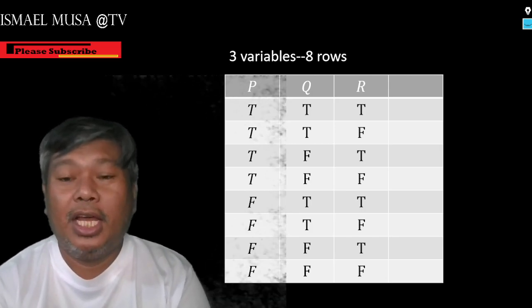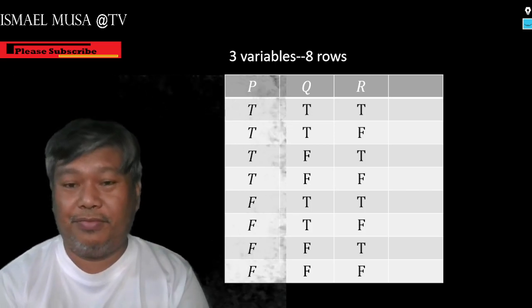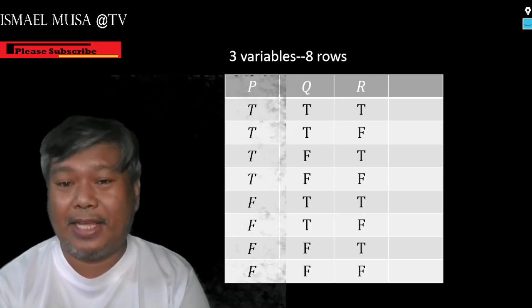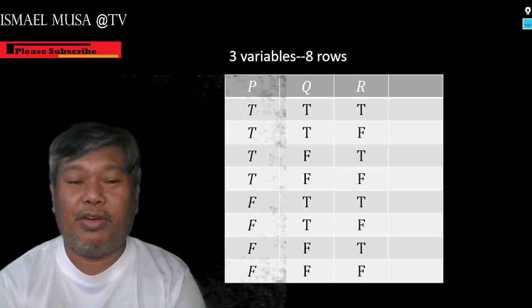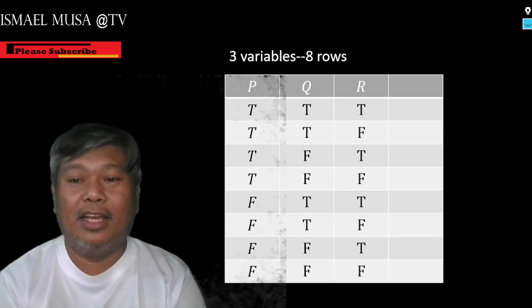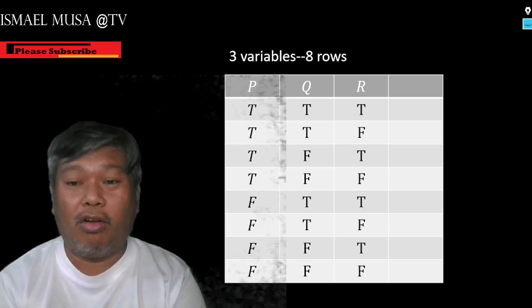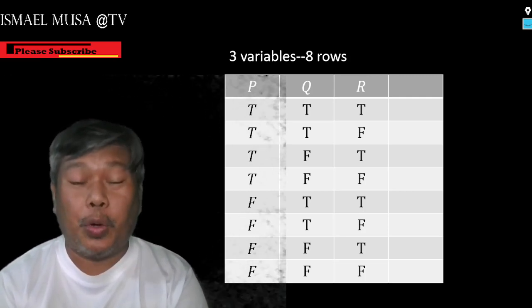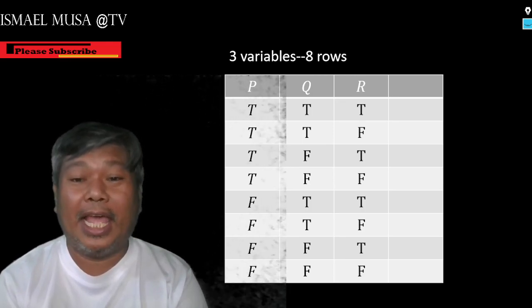Now, how do we indicate the number of columns? How many columns are we going to make? As we said, the number of independent propositions defines the number of columns. Basically, per independent proposition, one column. And the number of rows is 2 raised to the n power.